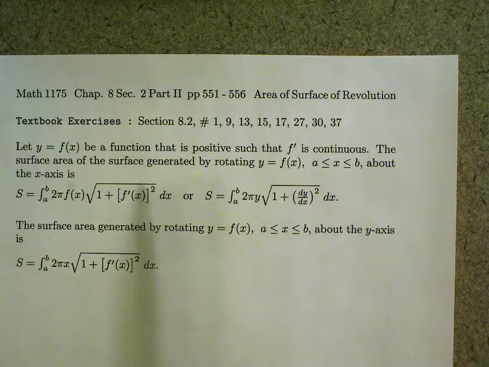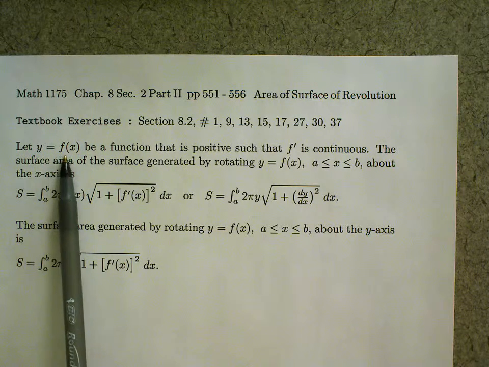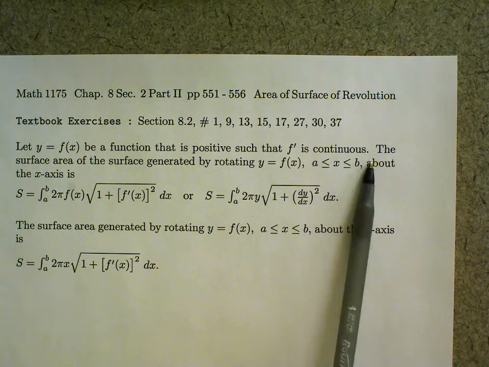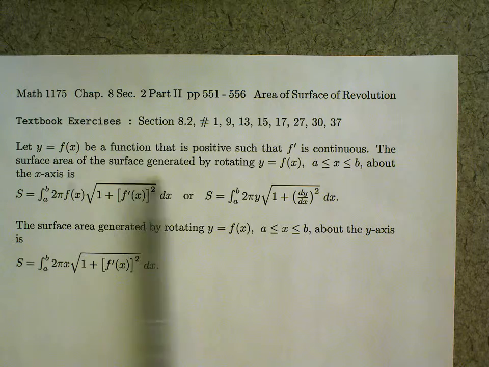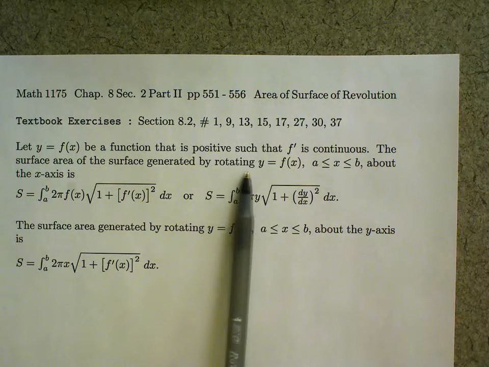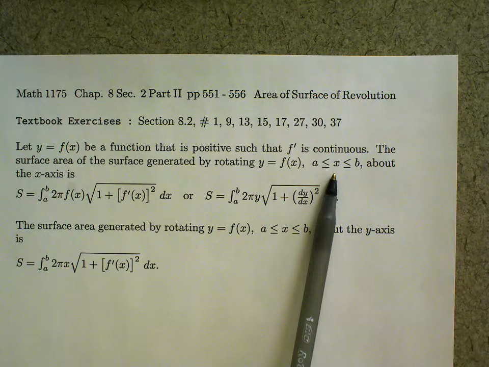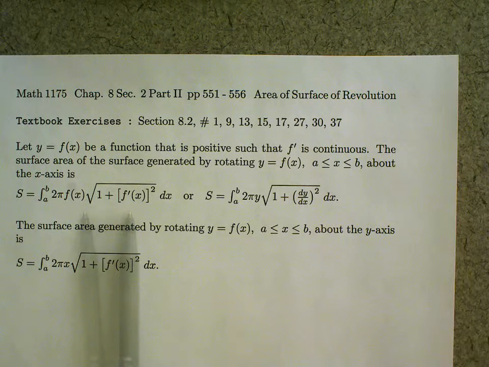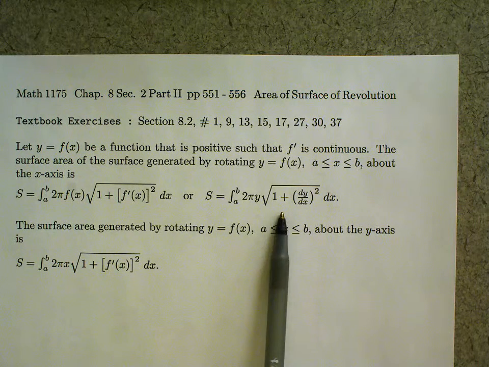So we'll go ahead and read this again. Let y equal f of x be a function that is positive, such that f prime is continuous. The surface area of the surface generated by rotating y equals f of x about the x-axis for values of x from a to b is given by this formula, or in Leibniz notation.